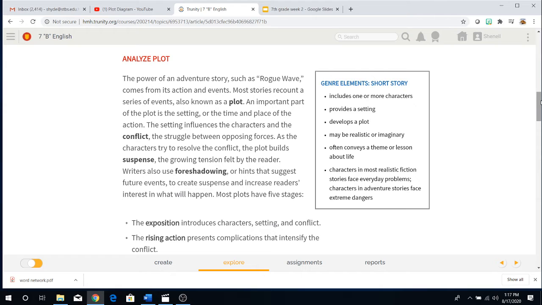As the characters try to resolve the conflict, the plot builds suspense, the growing tension felt by the reader. Writers also use foreshadowing or hints that suggest future events to create suspense and increase readers' interest in what will happen. Foreshadowing allows us to infer what will happen next based on events or evidence that they've given us already in the story.